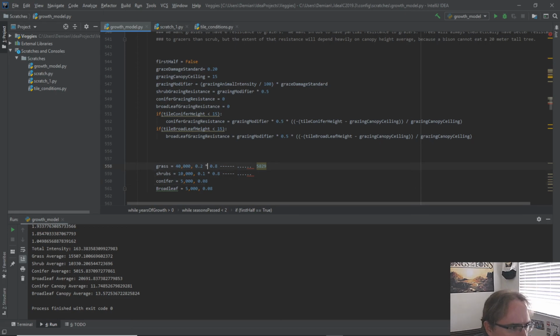So 0.2 times 0.8. So roughly the same casualty for grasses. Shrubs. It's more like it. 800. I'll be right back.